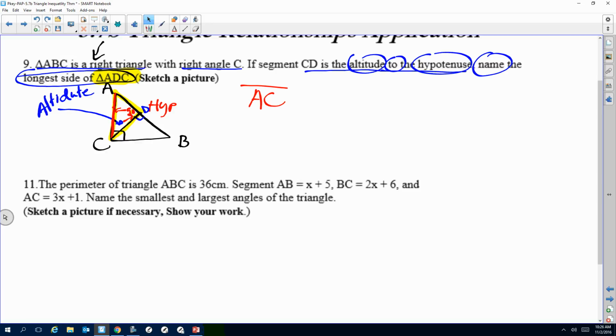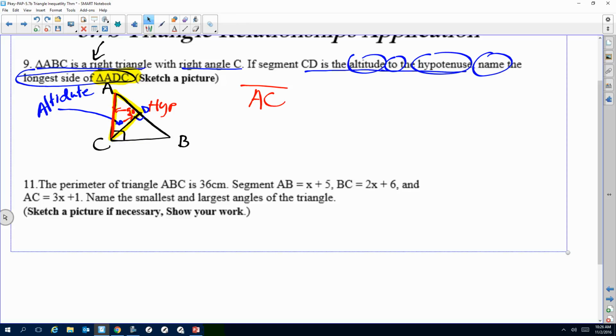There's more than one right triangle here. There's three. There's three right triangles. The big whole triangle, ABC, the hypotenuse is AB, opposite 90. This triangle that I highlighted is also a right triangle. You go across, that's AC.